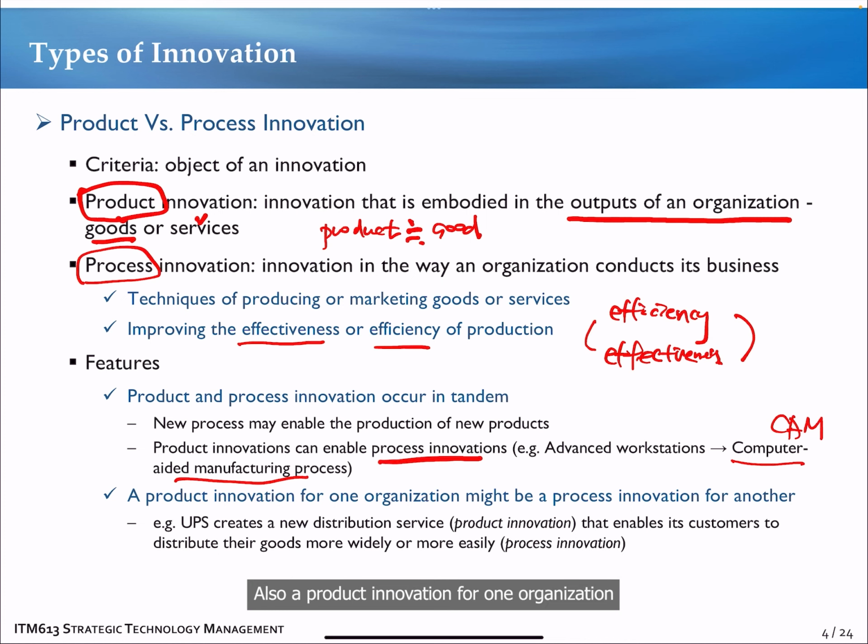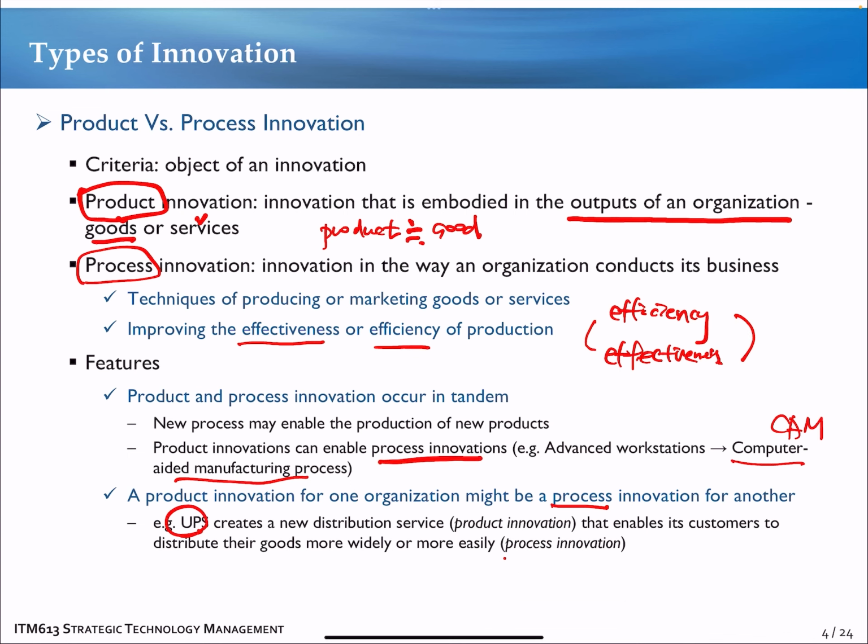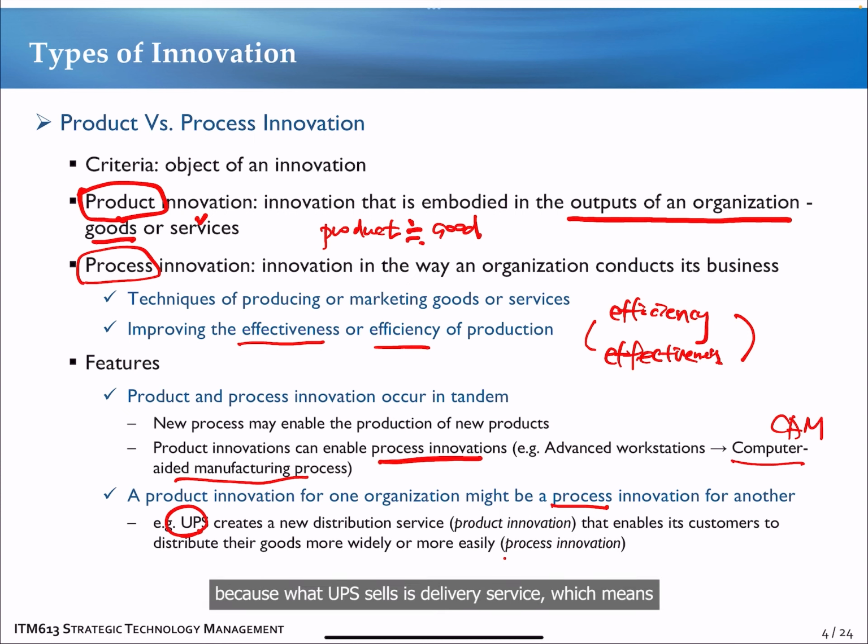Also, a product innovation for one organization might be a process innovation for another. For example, do you know what UPS is? It is a global shipping and logistics service. If UPS creates a new distribution service like same day delivery, it is definitely a product innovation because what UPS sells is delivery service, which means delivery service is a product of UPS.